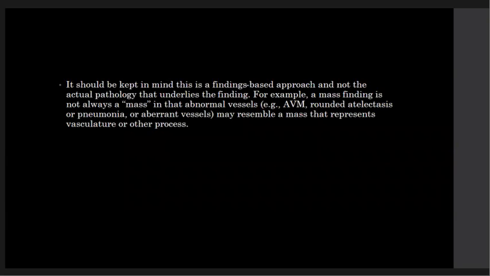For example, a mass finding is not always a mass, but abnormal vessels, AVM, rounded atelectasis or pneumonia or aberrant vessel may resemble a mass that represents vasculature or another process.